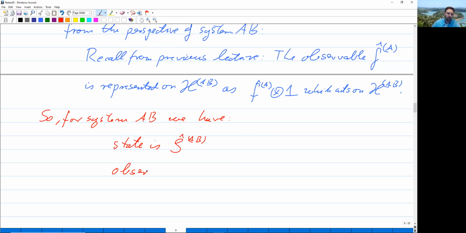Observable of interest is f hat A tensor 1. This observable is self-adjoint, right? Because f hat A is and the identity is.